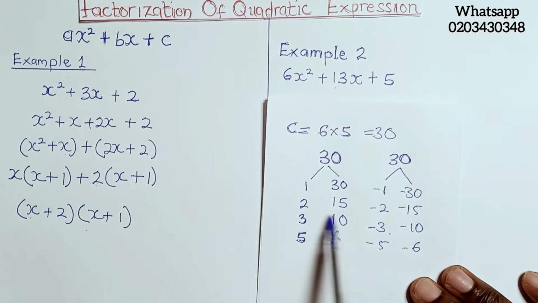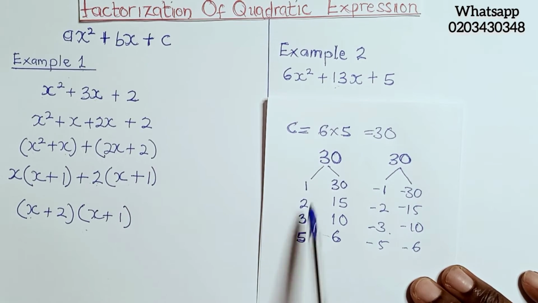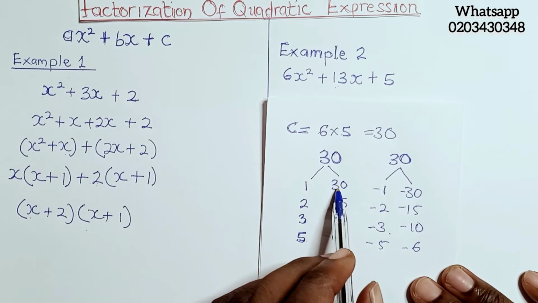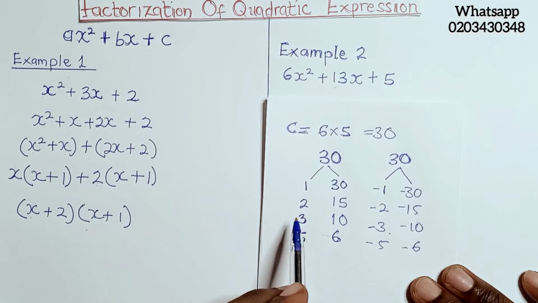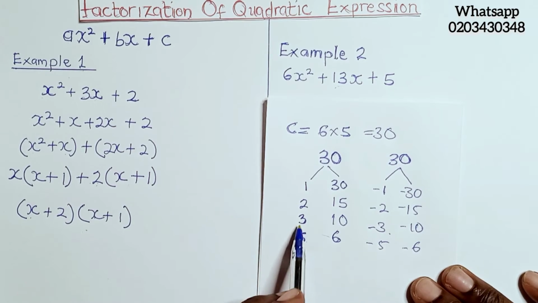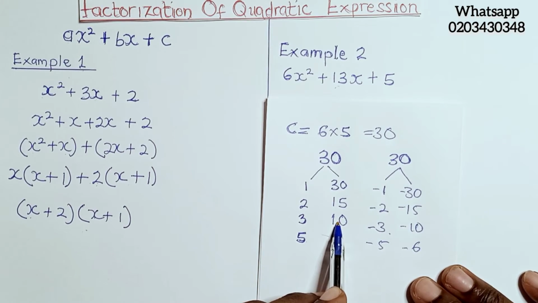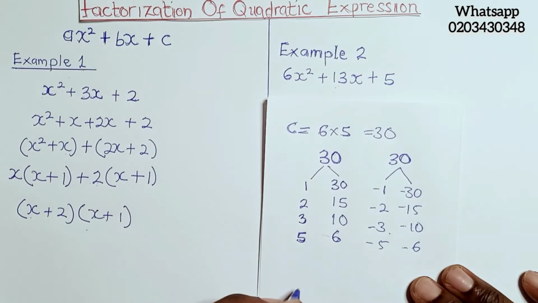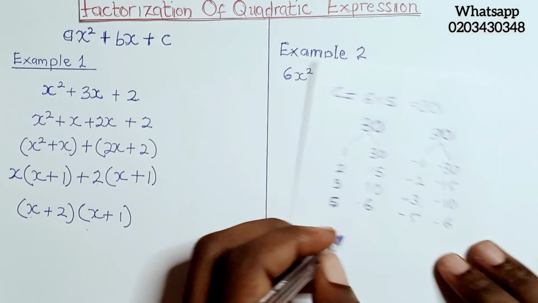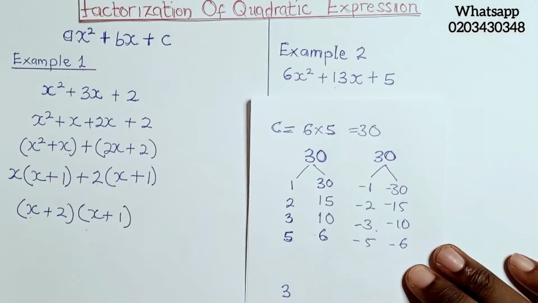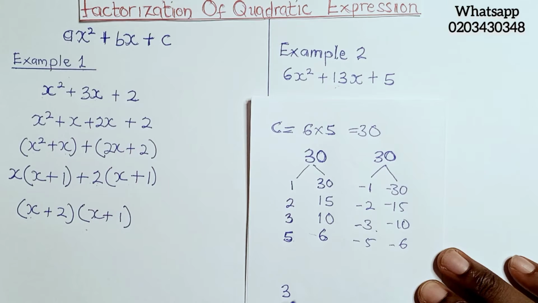When it is positive, you come to the positive side. So let's go. 1 plus 30 will not give us 13. 2 will not give us, but 3 plus 10 will give us positive 13. So we'll write those factors here, 3 and 10.